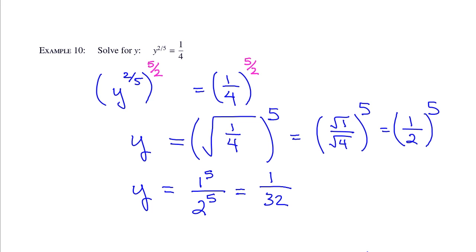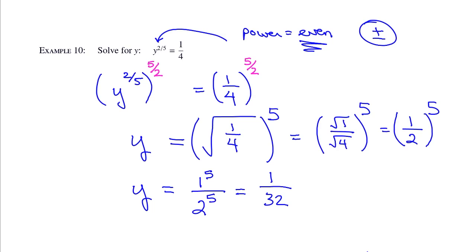Now, go back and look at the original exponent here. The y was being raised to the 2/5 power. When the power part of the power over root is equal to an even number, as in the 2, then our answers must include a plus or minus, because the even power means that whatever was done before that could have been positive or negative, and then it was either squared or raised to the 4th power or the 6th power, and then it automatically became positive because of that.